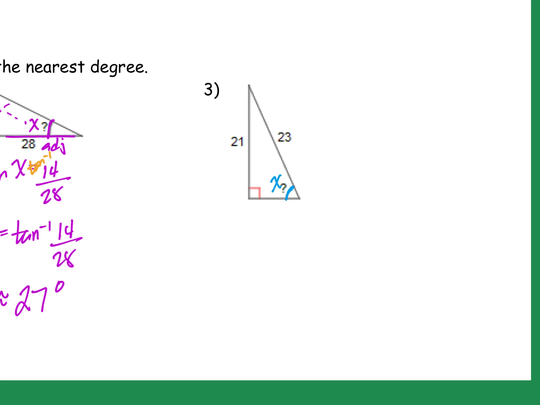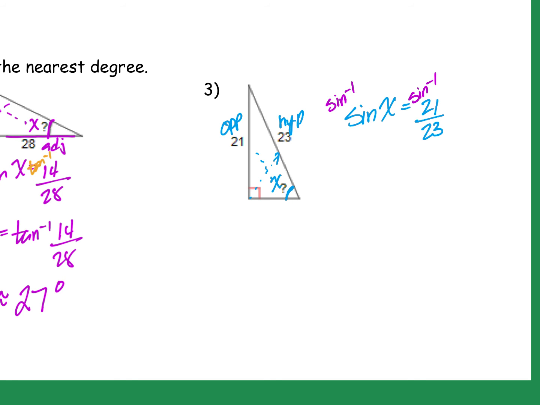All right, I've got x again. I do have a hypotenuse this time, and I have my opposite this time. So what is that? Sine of x equals 21 over 23. But I don't want sine of x, I just want x. So how do I get rid of sine? Sine inverse.